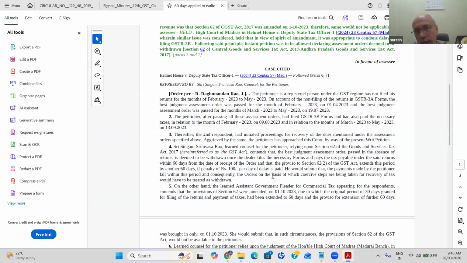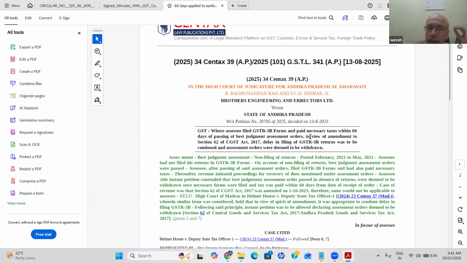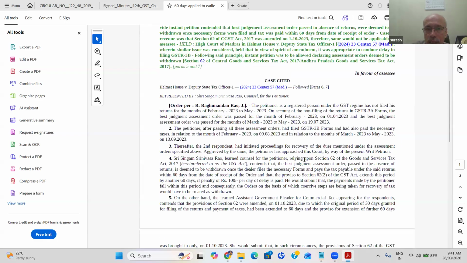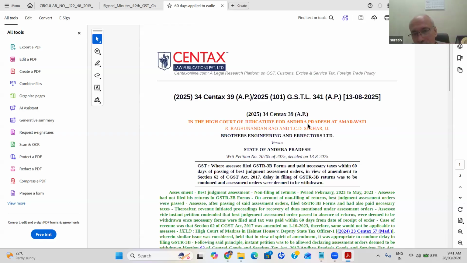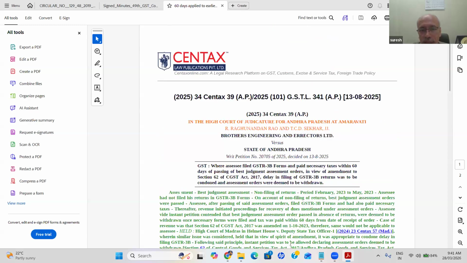The amendment came on 1st October 23. So Andhra Pradesh, Karnataka, and Madras High Courts have held in a large number of cases that this 60 days extended period should be given to earlier orders also, which were passed prior to 1/10/23. That is the main crux.